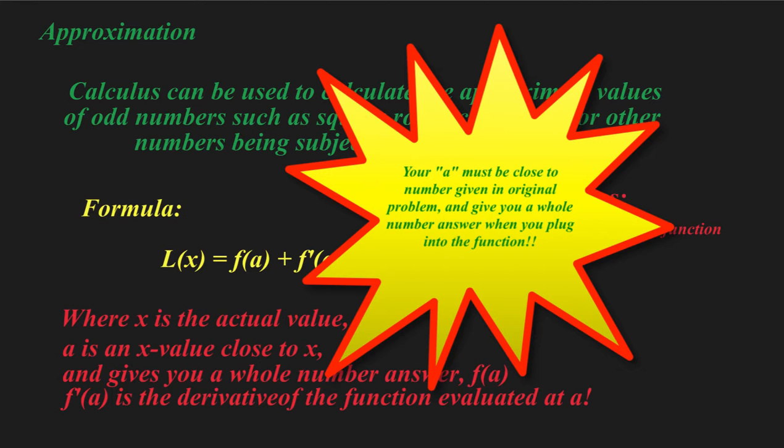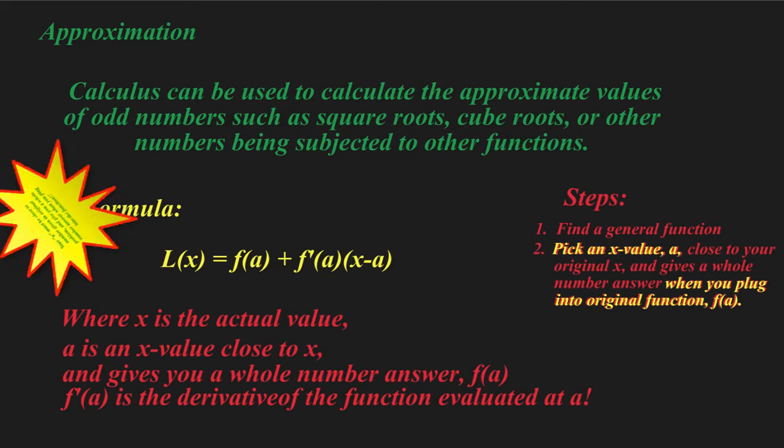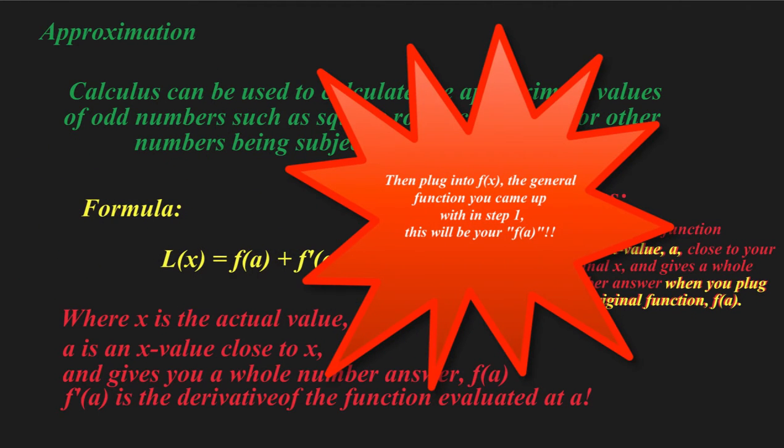Well, 16 is a perfect square, so your a would be 16. You pick an x value, a, close to the original x, that gives you a whole number answer when you plug in. That whole number answer is going to be your f of a. In this case, the square root of 16 is 4. So a is 16 and f of a is 4.